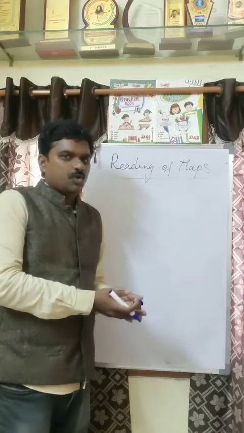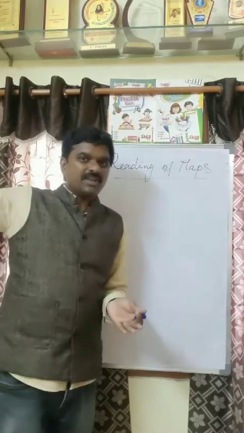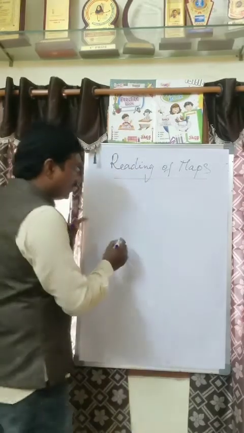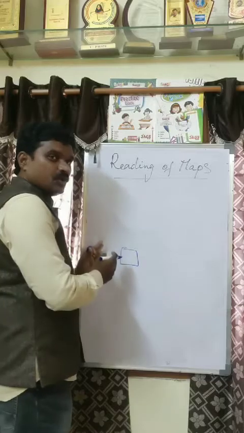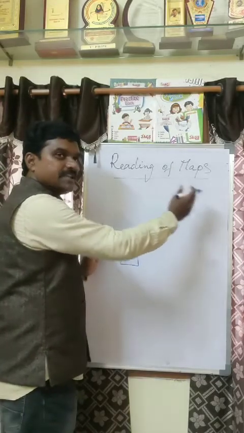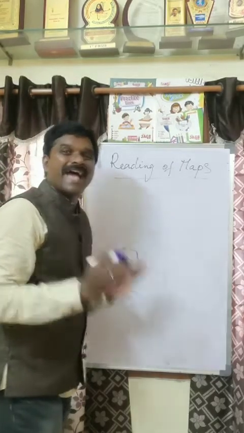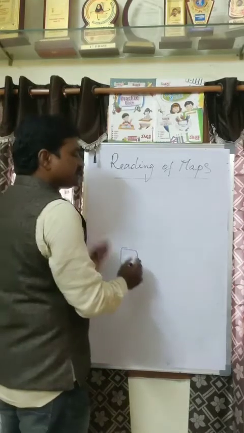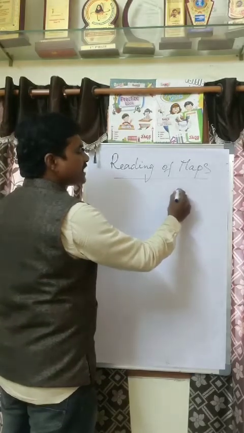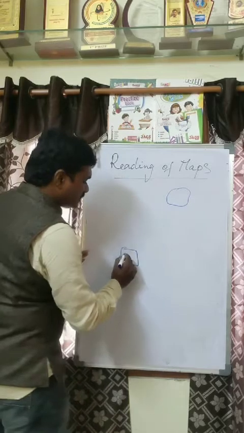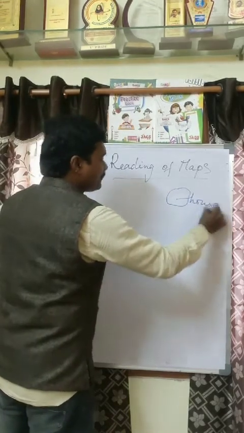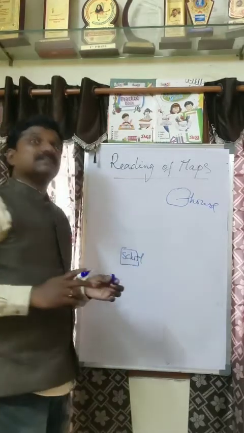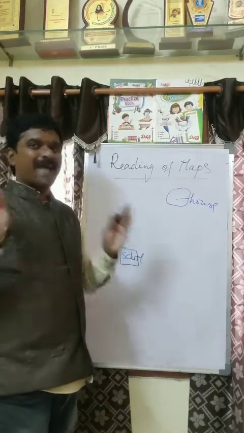You know where your school is, and you know where your house is. Suppose this is the school and here is somewhere your house. From school to house, you have to draw the way on the map.